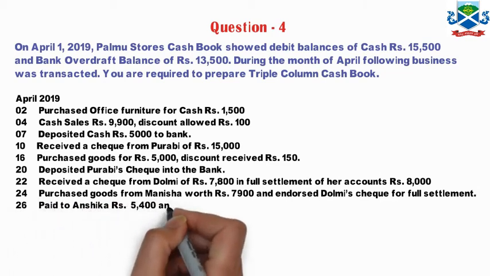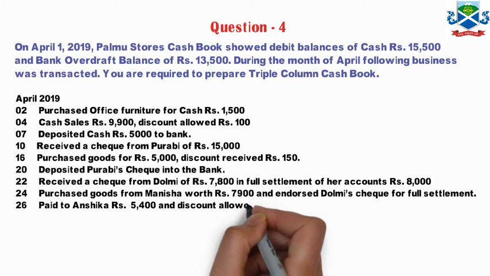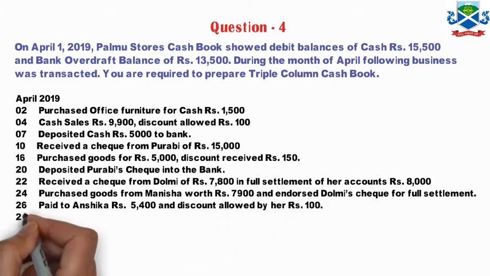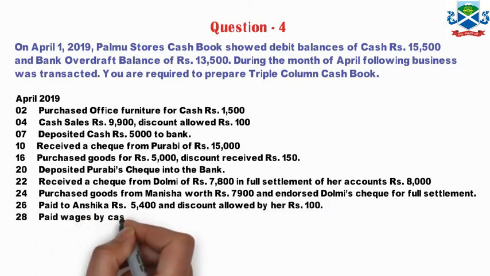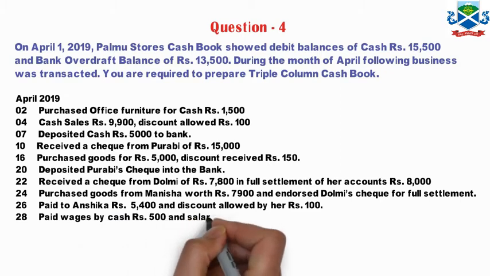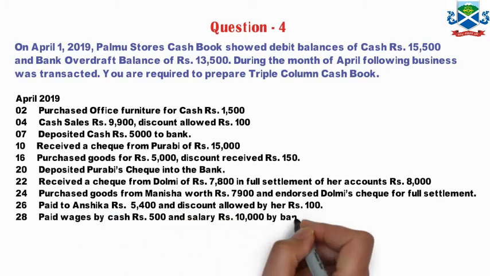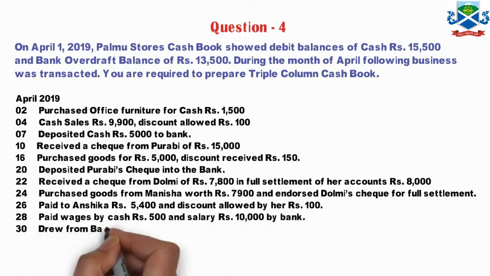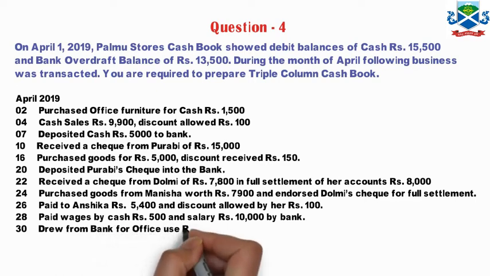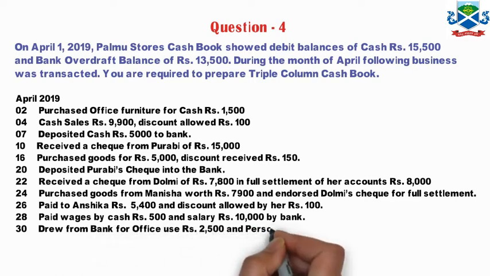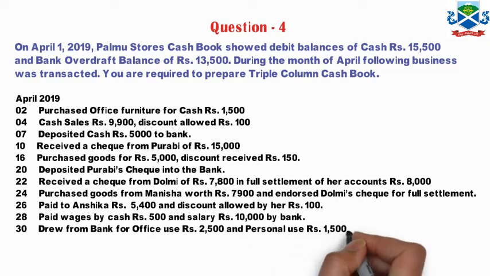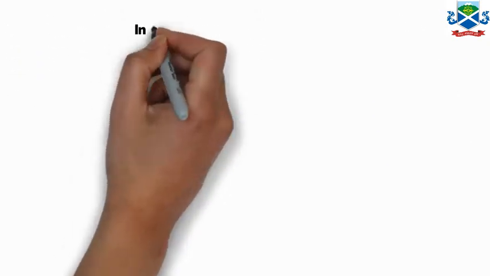Now paid Ansika rupees 5,400 and discount allowed by her 100. On 28, paid wages by cash 500 and salary 10,000 by bank, and withdrew from the bank for office use rupees 2,500 and for personal use rupees 1,500. So that's all for this question.